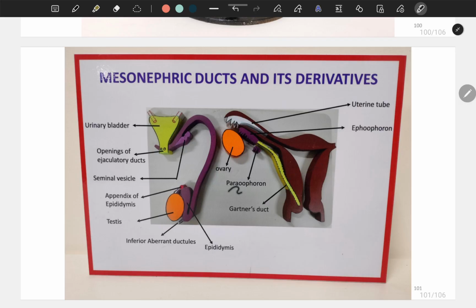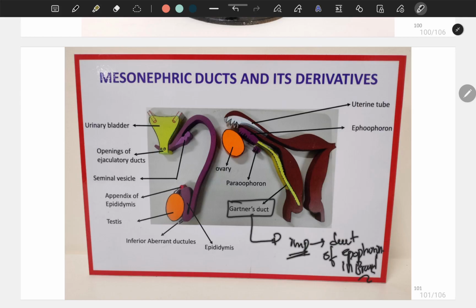Okay, now coming to the female. You can see this is Gartner's duct. Important. It is also called the duct of epoophoron in the broad ligament.